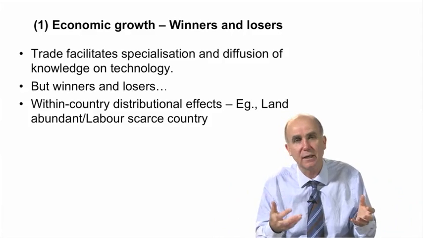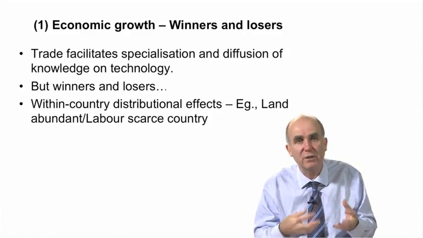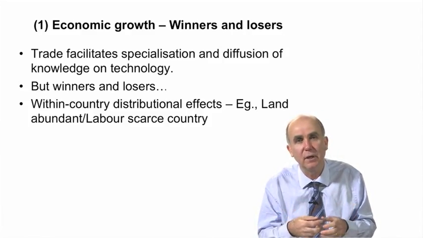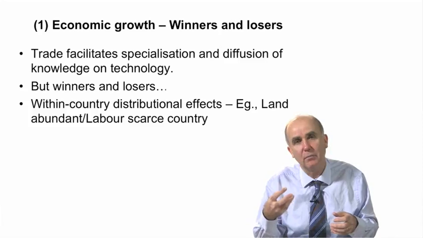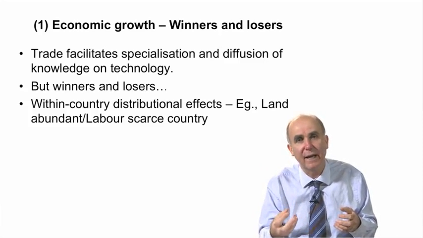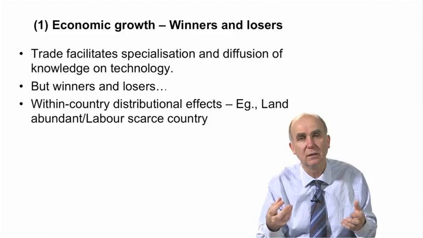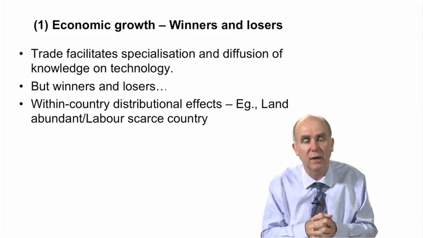Countries such as the United States, Australia, and New Zealand will specialise more, other things equal, in producing the types of goods that are intensive in land. So things like wool production, grain production, meat production.